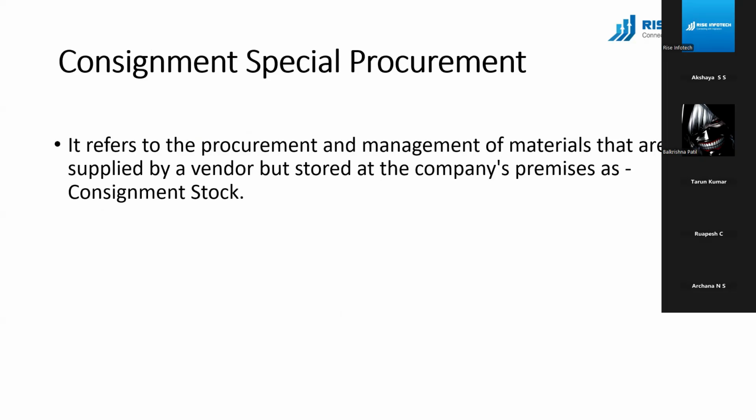The next one is consignment special procurement. It refers to the procurement and management of materials that are supplied by a vendor but stored at the company's premises. As we have seen in the very well done demo by Jagan, inside a plant in one of its corners, somewhere inside the plant premises, a vendor will have their consignment stock.